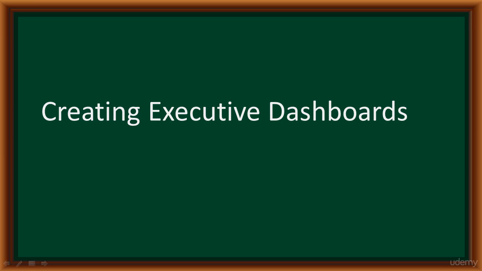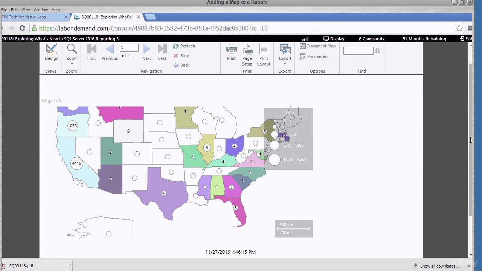analyze and make decisions. So we'll be adding dashboards like maps. This is known as a bubble map, and we'll be creating a map like this in the course. Looking at this map, top executives can look at the regions where you have the most customers.